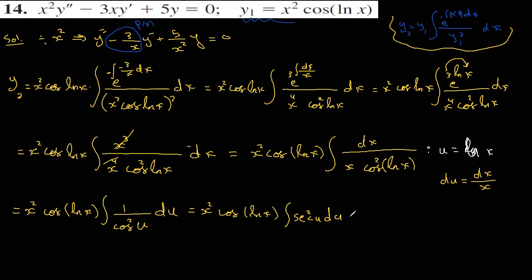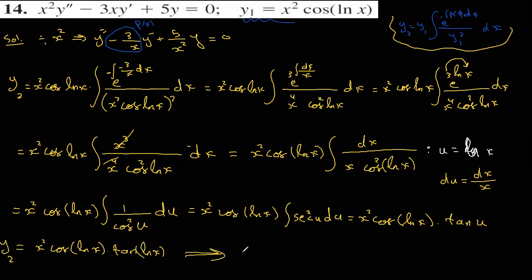So here we have x squared cosine ln x tan u, and now go back to your u: x squared cosine ln x tan of ln x. This is your y2.